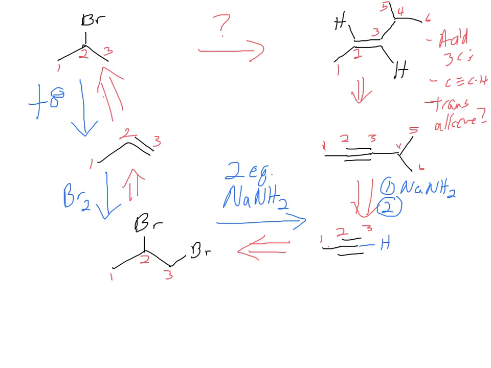Well, we need carbons 4, 5, and 6. So which carbon needs to be delta plus? 4, 5, or 6? 4. Good. So this is 5, 4, 6 out there. Good. Do an SN2 there.